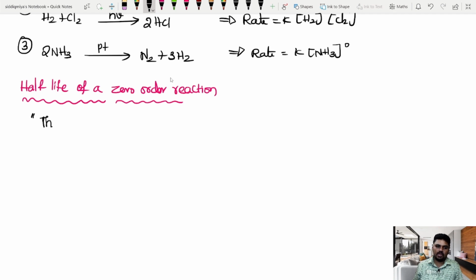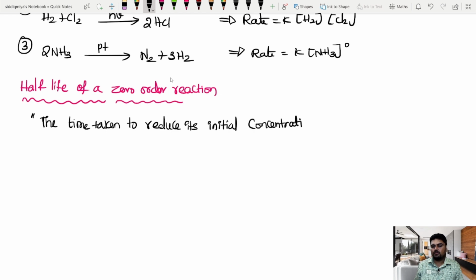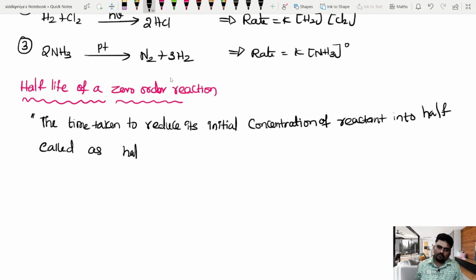The time taken to reduce the initial concentration of reactant into half is called half life.